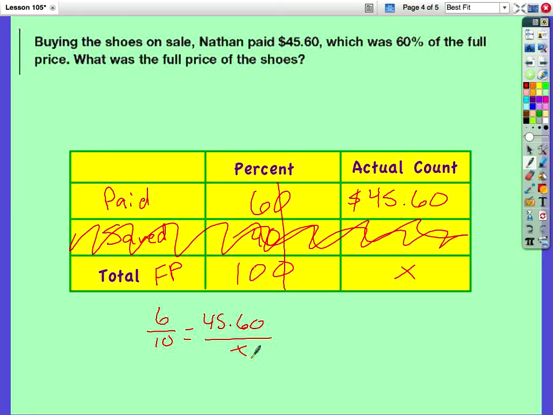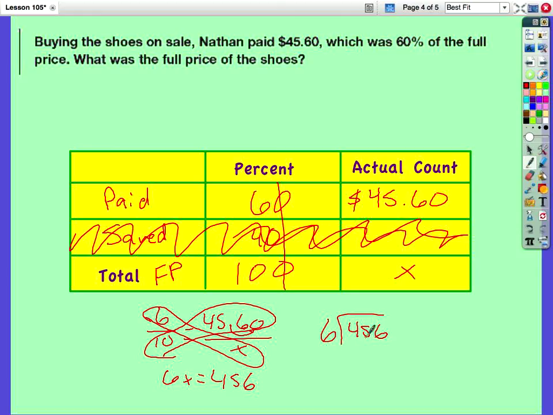I like smaller numbers. Okay? So here I need to cross multiply, so I have 6x is going to equal $45.60 times 10. Remember, when we multiply by 10, we can just move the decimal point over 1. So this should be 456.0. I'm going to drop that 0. So I cross multiply, now I divide.